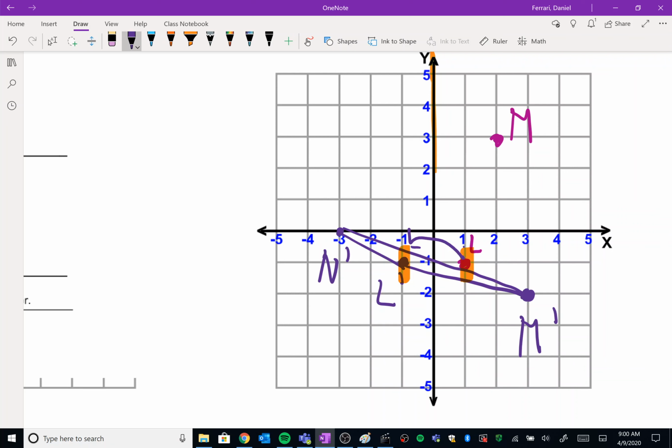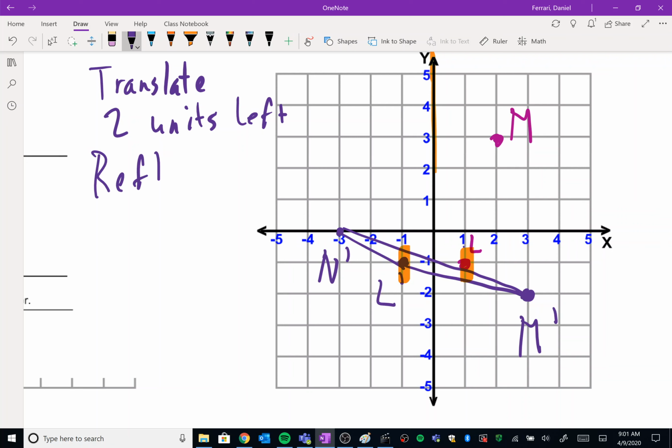So I could do a reflection over the y-axis if all I was looking at is L. I guess I should probably be writing these down. So we have a translation of 2 units left, potentially. We have a reflection over the y-axis.